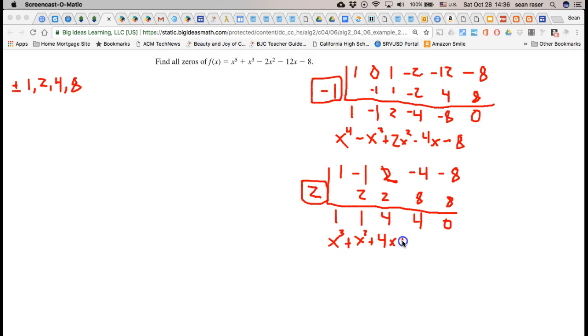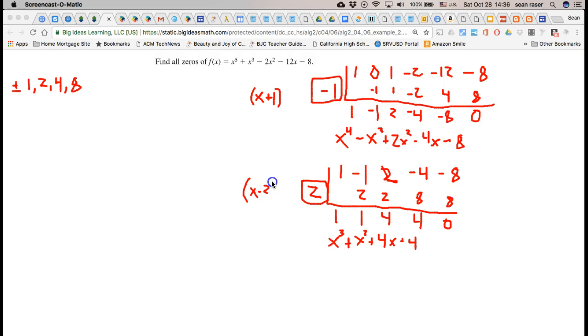And remember, each time we found a solution, the factor that we divided out was x minus our solution. So here we factored out x minus 2.